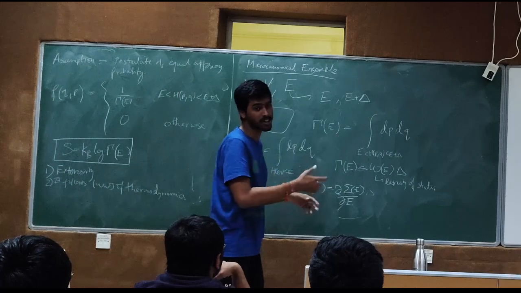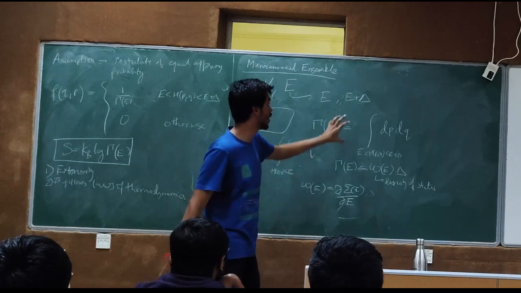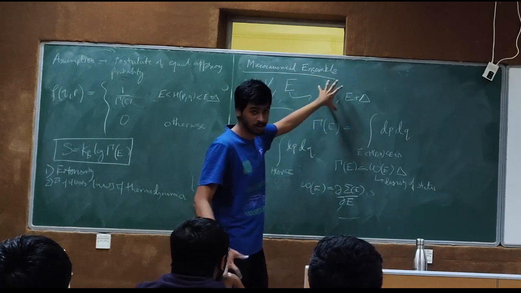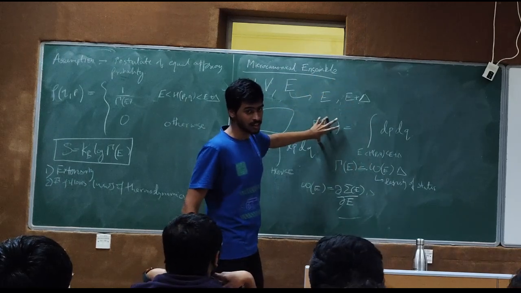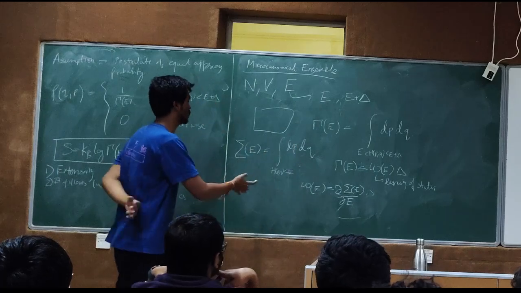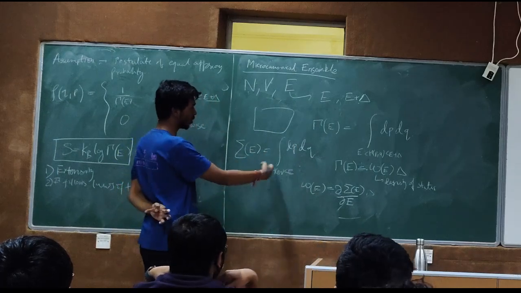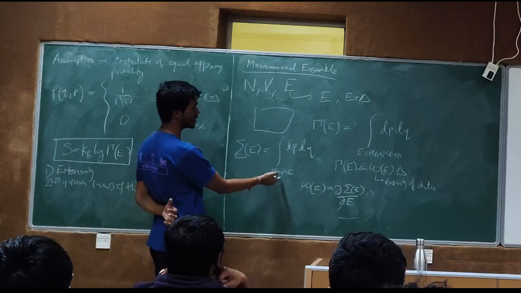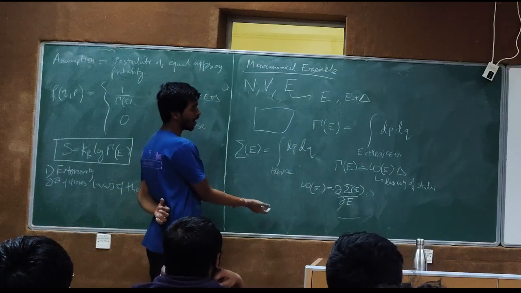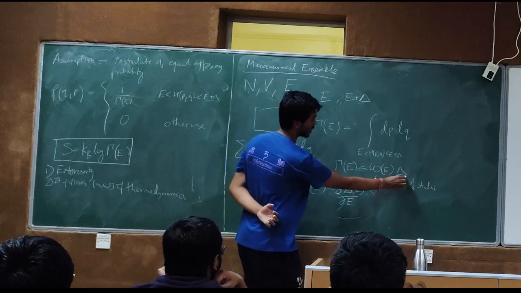And if you find the volume of the phase space where all the states inside that volume are in this range that I have defined myself, this is the volume of all states such that H is less than E. And this is like the density of states.